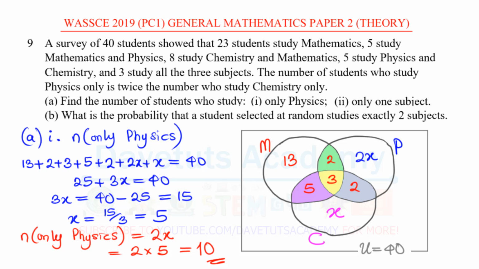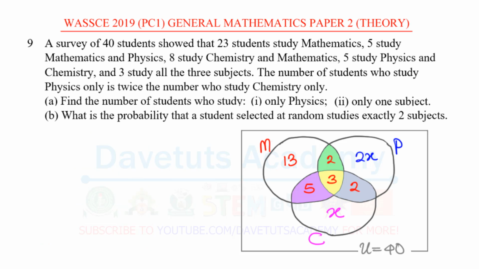You can see how this is quite good, how we can use it to solve our question once we got our diagram correctly. But that's not all. We're also going to look for the number of students who study only one subject. So we want to answer our question A2 now.